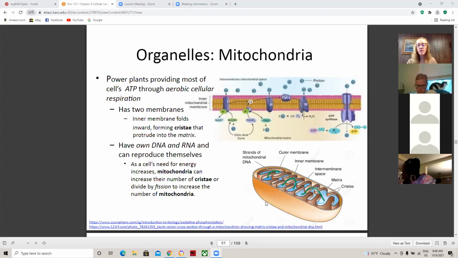Because of this, there's a very interesting theory behind the evolution of the mitochondria, but it's beyond the scope of this class, so I'll just tell you it's out there. It has to do with one cell taking in this cell, and they join into a symbiotic relationship.